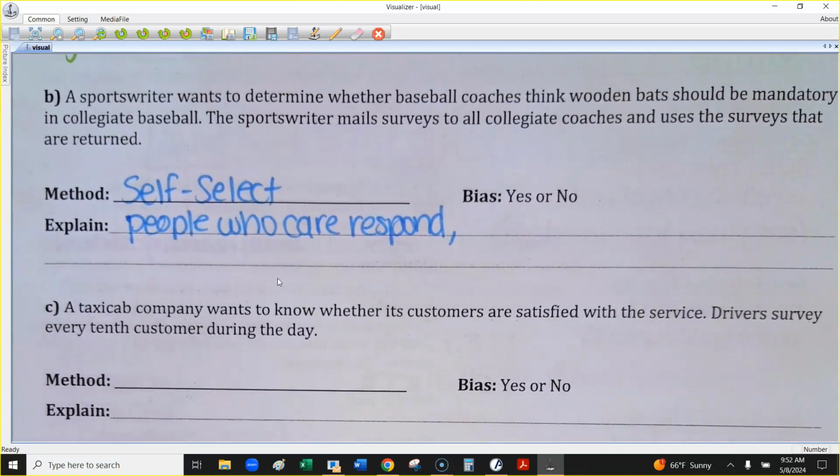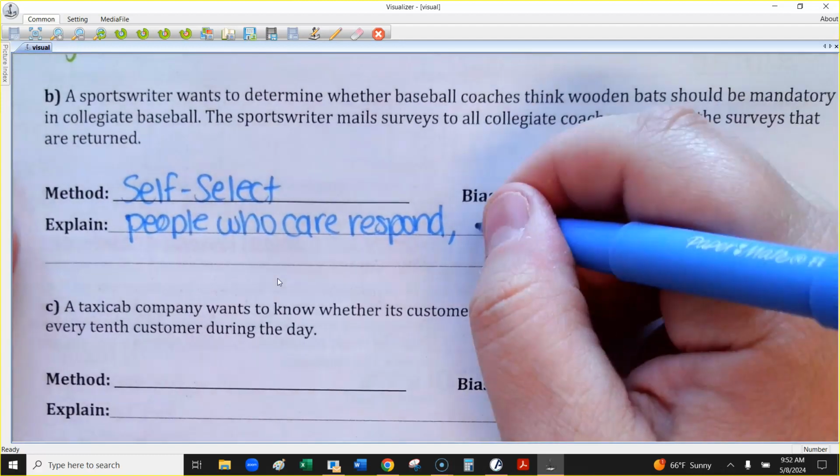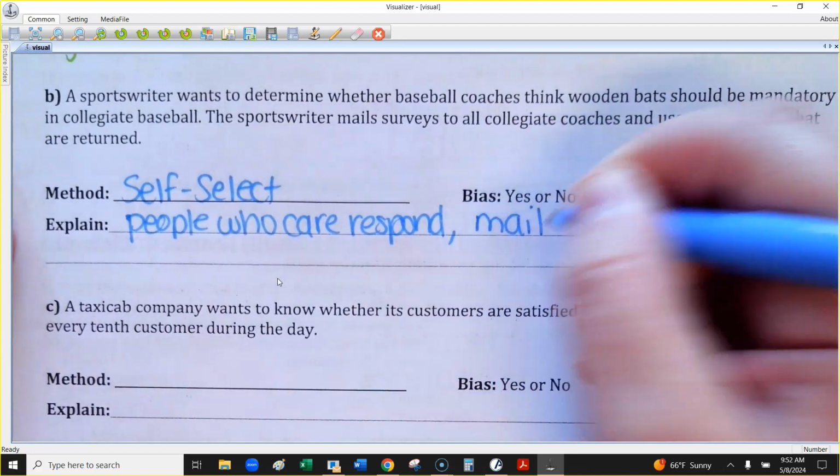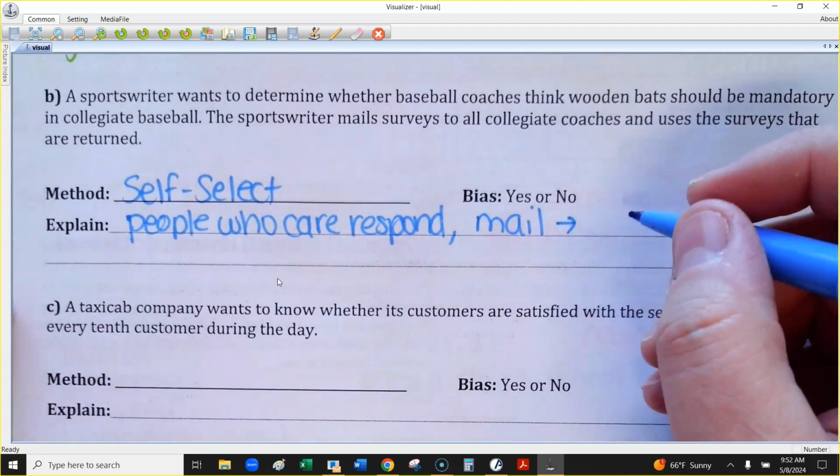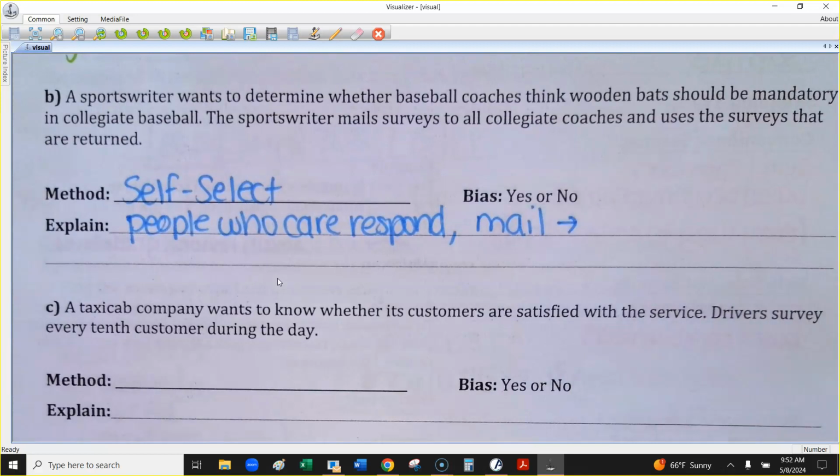Is there any other reason this is biased? I would throw this out there. It says they are going to mail these surveys. So, do they have correct addresses for everybody? Is everybody home? Does everybody have a stamp to return the survey?